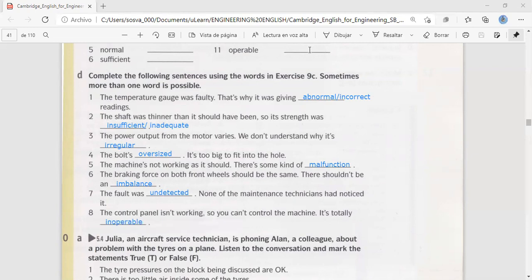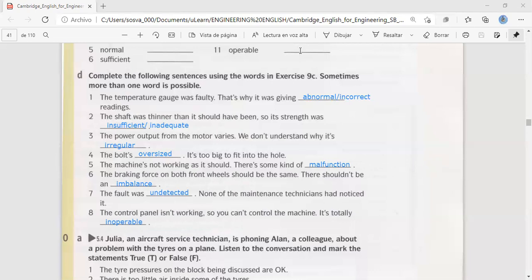All right. In this exercise, I think you see how we use these words to give a description of problems. We describe the problem or the situation, and then we sum up. That means we make a resume of the problem, giving a description in general. So, it's undetected. Why?